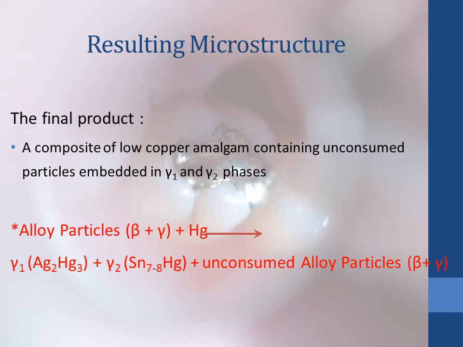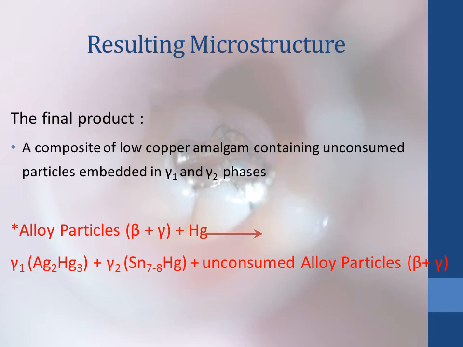So let's go back to the resulting microstructure. The final product is a composite of low copper amalgam containing some unconsumed or unreacted particles embedded in both. The unreacted particles are basically the gamma phase embedded in gamma 1 and gamma 2 phases. And as I mentioned, the reaction is very important, so let's look at it.